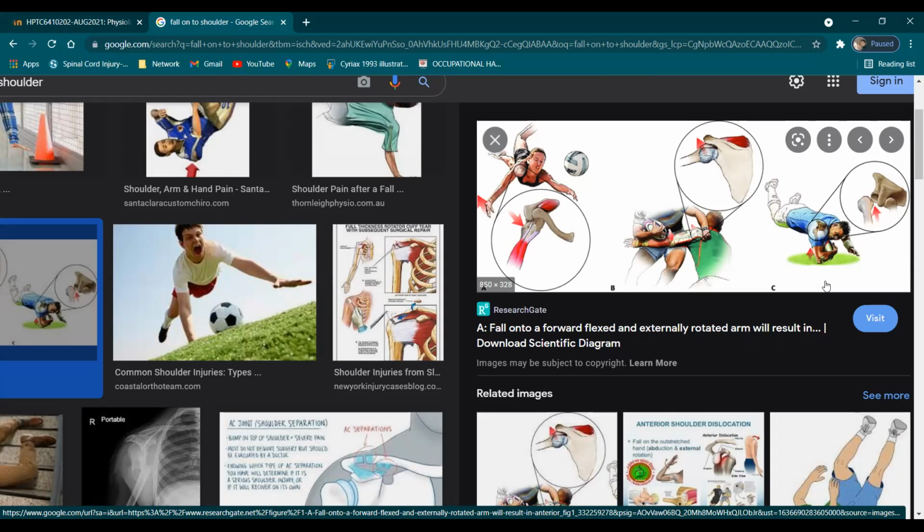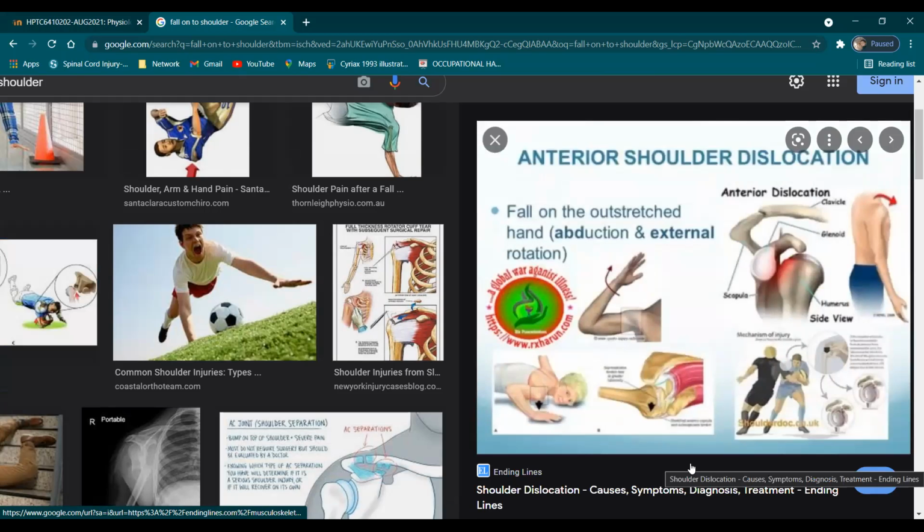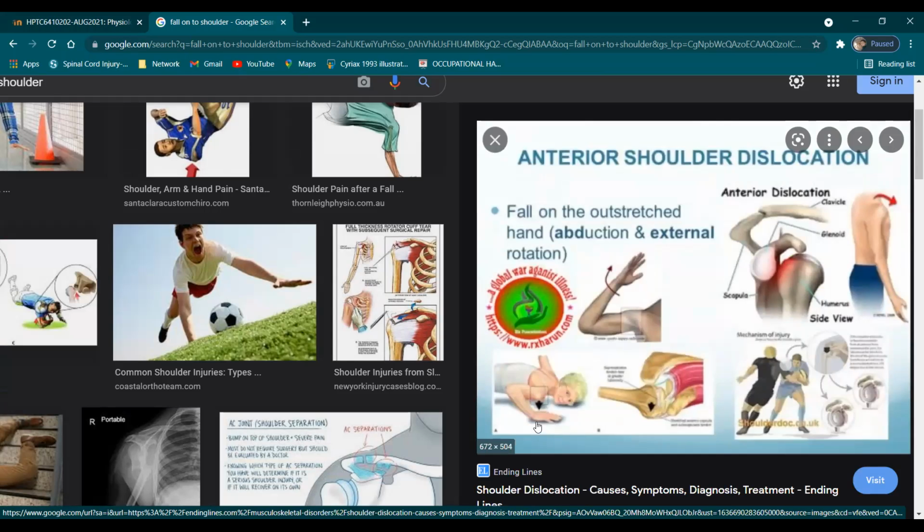Sometimes only the bony component is broken, or sometimes the soft tissues also get ruptured. Sometimes they fall with the elbow flexed, on the outstretched hand. The hand is placed on the floor. They touch the ground using their hand, but it may be flexed or sometimes extended.